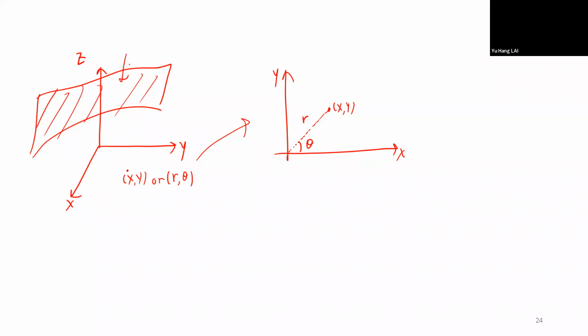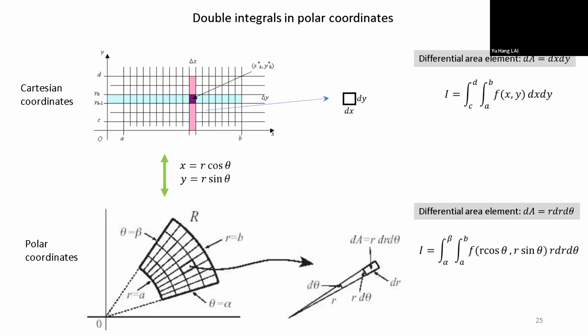Suppose I have this function of x and y. Of course, I can also express it as f of r and theta. So basically, what we are going to do in the following is do integration with respect to the r and theta variables, instead of doing the integration with respect to the x and y variables.